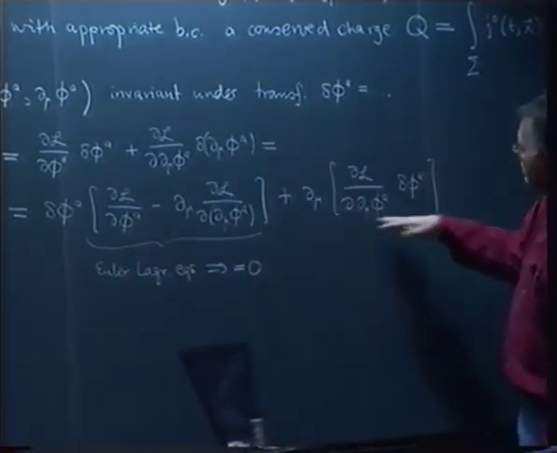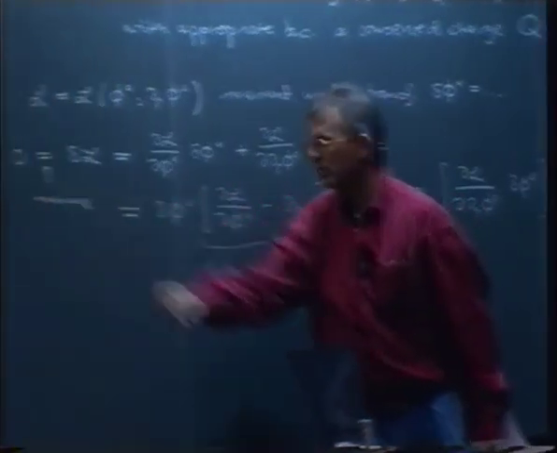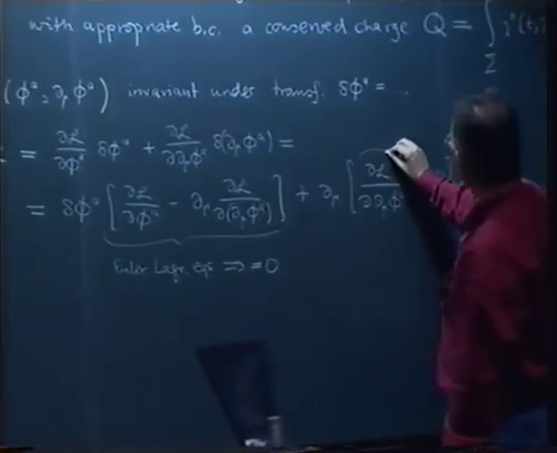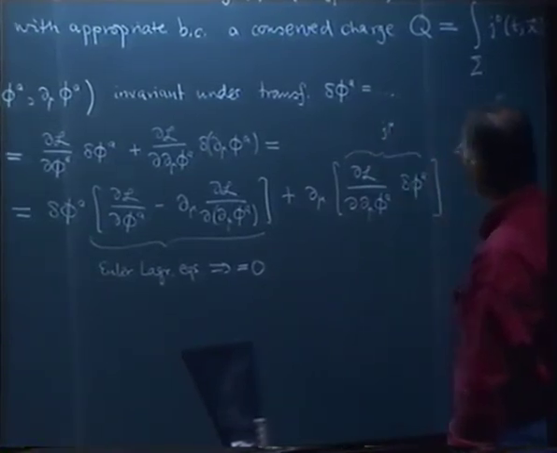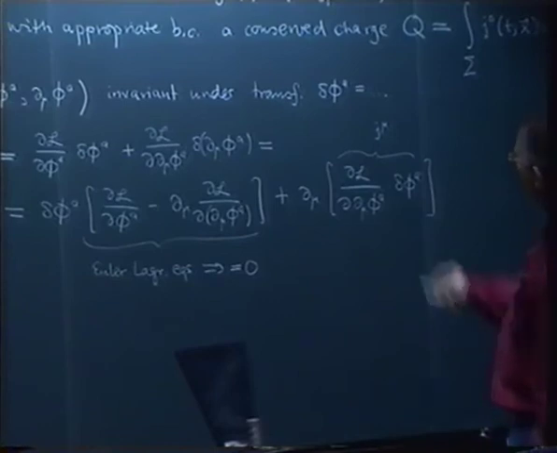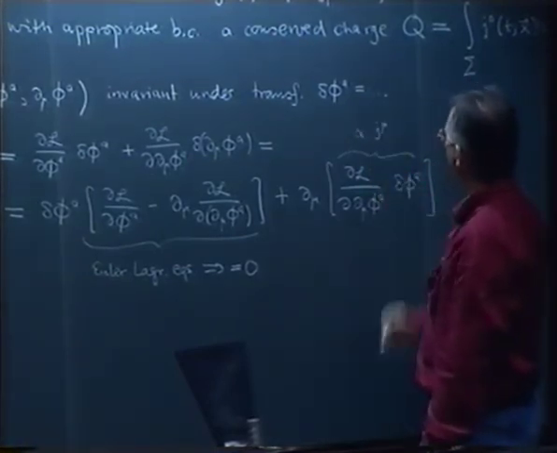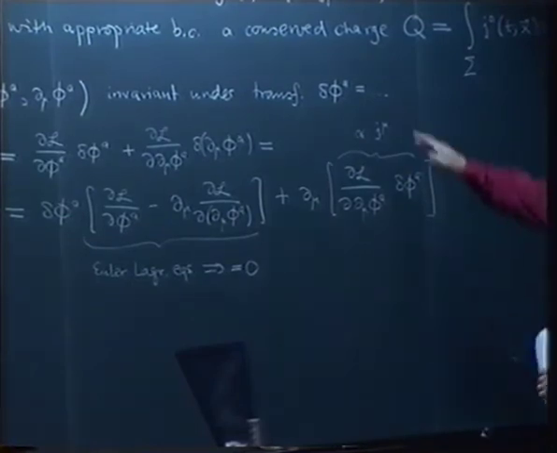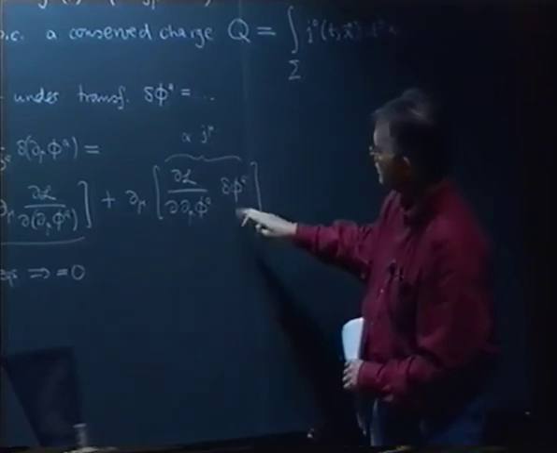And now here we have the statement that the divergence of something is equal to 0. So this something here is essentially the symmetry current. So this defines the symmetry current times this transformation parameter, alpha, which I haven't written out here, but there's always a parameter which parameterizes this transformation.